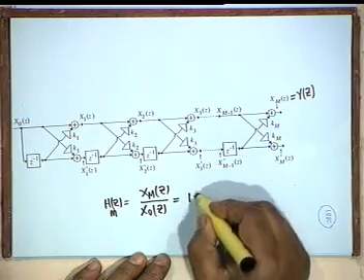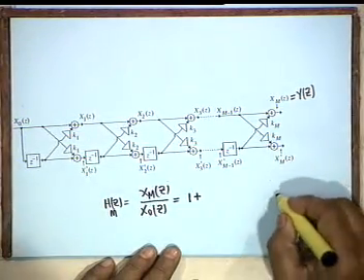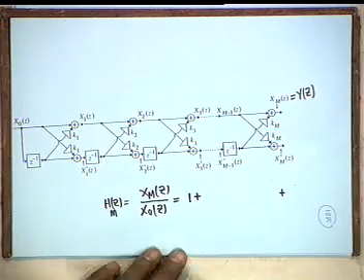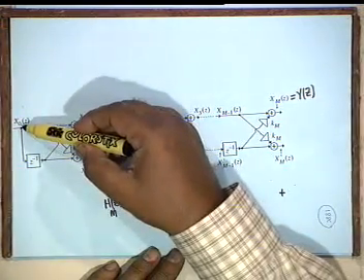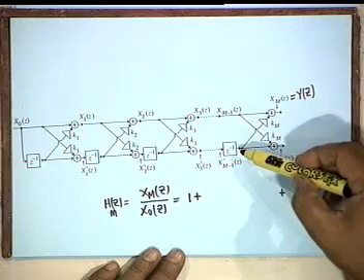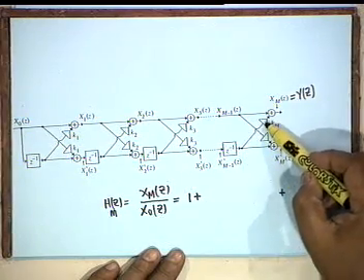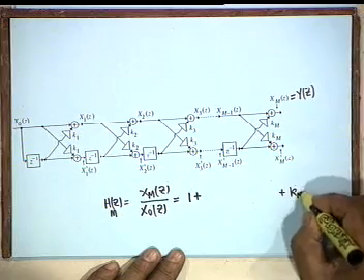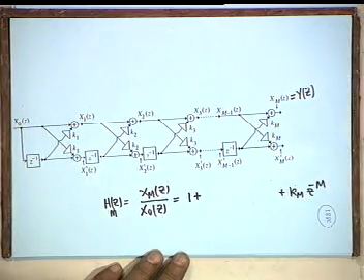Obviously, the constant term is 1, no delay, and the term with the highest delay, that is z to the minus M, obviously has to go totally in the lower path and finally come through the Km multiplier to the output. So, the coefficient of z to the minus M must be Km.